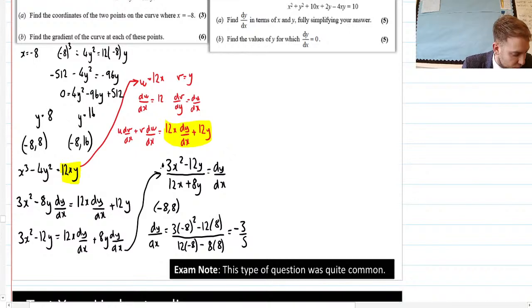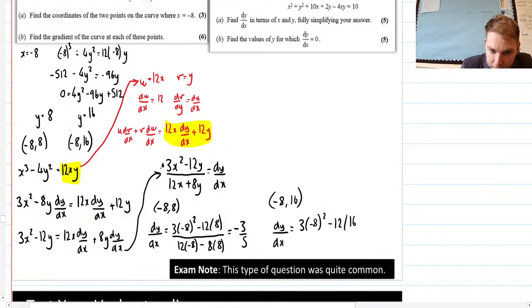We also need to sub in for minus 8, 16. So dy by dx is equal to 3 times negative 8 all squared minus 12 times 16 this time, all over 12 times negative 8 minus 8 times 16. I'm just changing that 8 on the right to 16. So 16 and 16 is equal to 0.